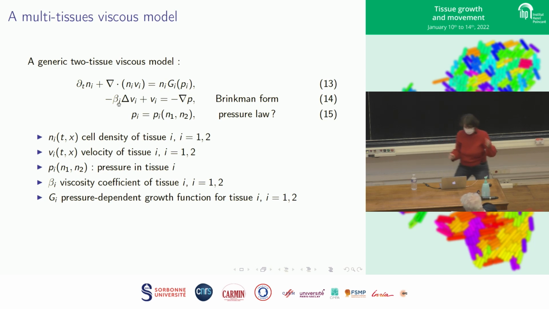And now the question is, what kind of law do we take for the pressure? The pressure will insert a coupling between N1 and N2, since it will depend on the two densities. So that's where you really encode the interaction between the two different tissues.